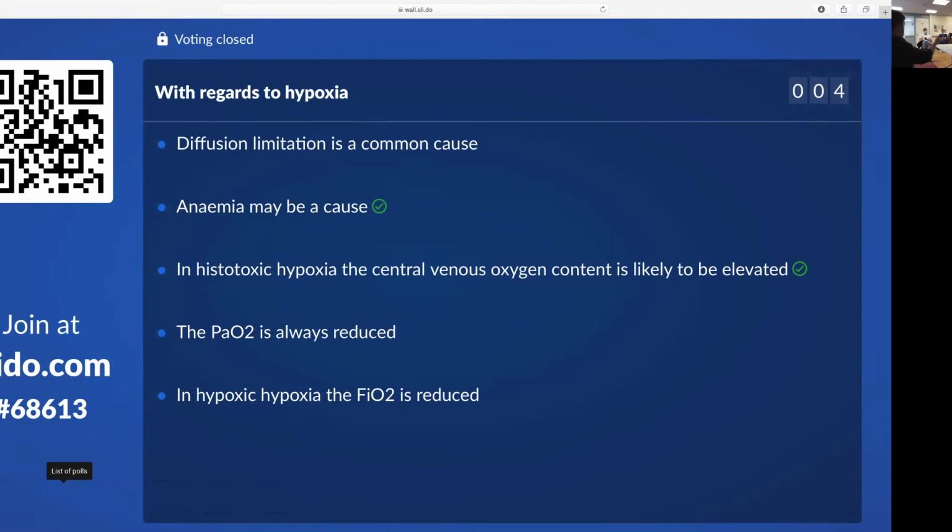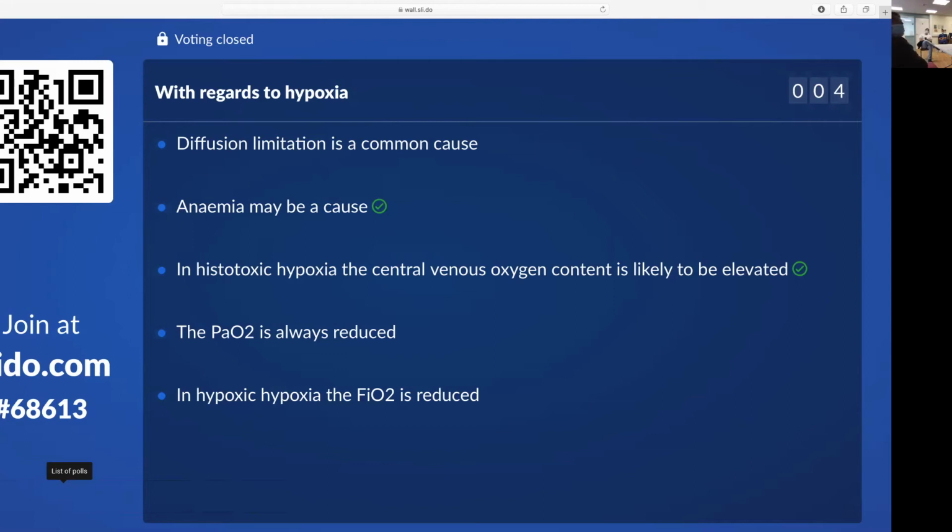So altitude, for example. Much more commonly you will get things like ventilation perfusion mismatching. You're perfusing a big area of lung that's full of pus because it's got pneumonia, so that blood is not going to get ventilated. So you've got ventilation perfusion mismatch, or shunting, which is similar. So those are your two most common things.